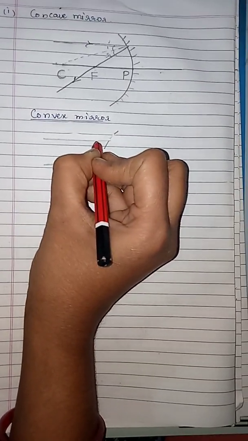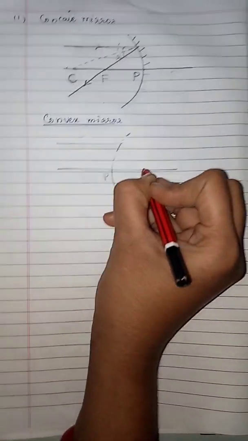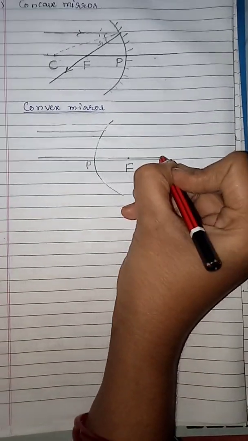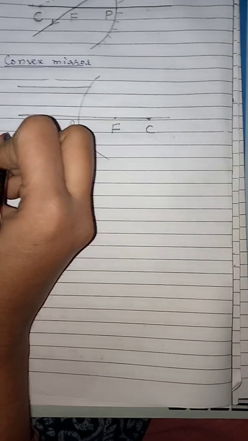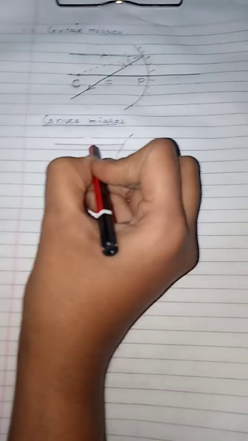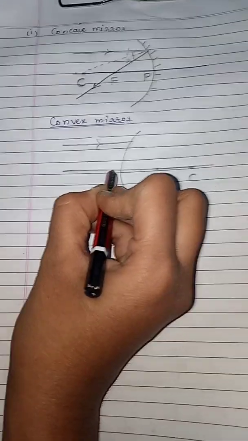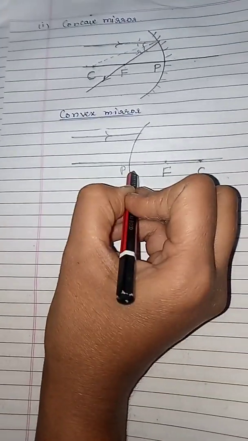Here, children, the principal focus will be here in case of a convex mirror, and this is the center of curvature C. Here also the distance between the two parallel lines, that is the incident ray and the principal axis, should be equal to the distance between the pole and the principal focus.